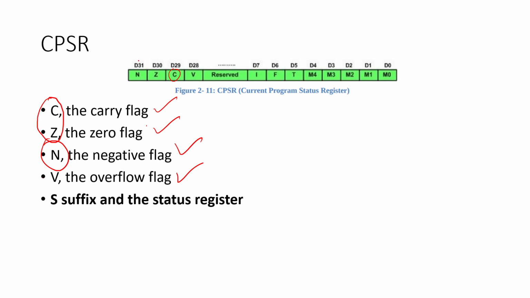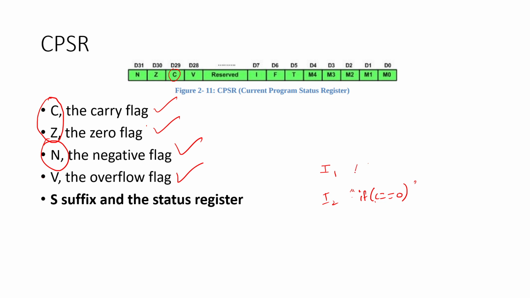Now coming to how these flags are affected, always remember that whatever instruction you are using to set the flags, the effect will be reflected in the succeeding instruction. For example, let's say here I have instruction 1 and instruction 2. In instruction 2, if I want to use the effect of the carry flag, like if carry is equal to 0, the preceding instruction must be an instruction that affects the carry flag.